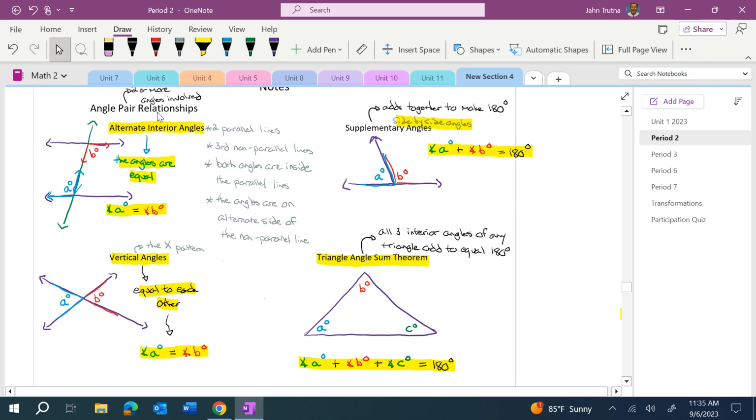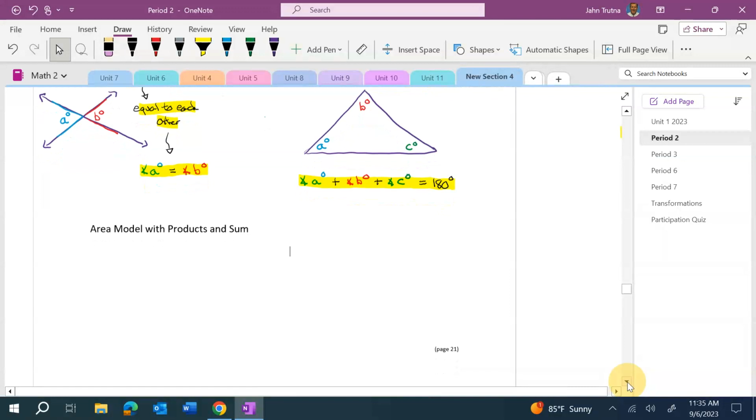When we talk about the angle pair relationships, the alternate interior angles and the vertical angles are equal to each other. And then the supplementary angles, when you have side-by-side angles, and when you have the three angles inside a triangle, those angle relationships add together to equal 180 degrees. Okay?